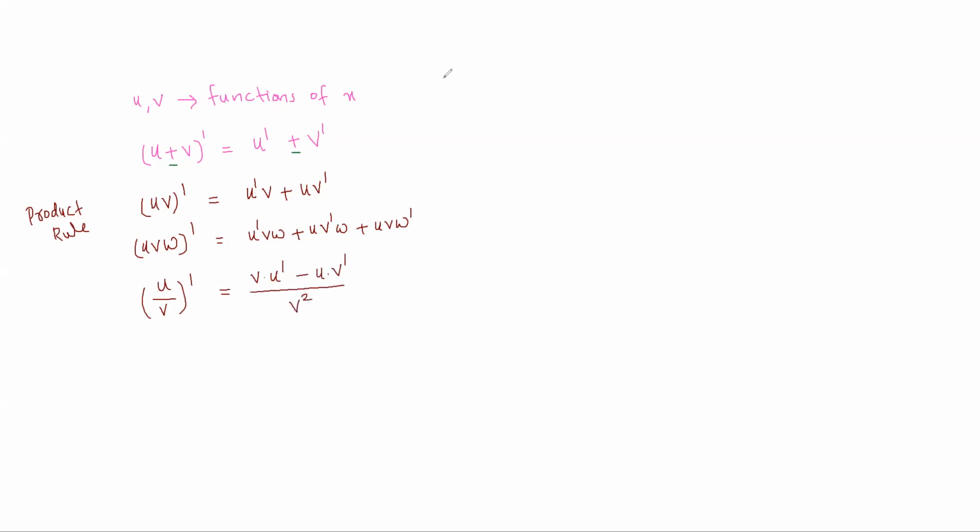So you have to study it like this, rather than in u v terms: denominator into derivative of numerator minus numerator into derivative of denominator, divided by denominator square. You have to study like that.